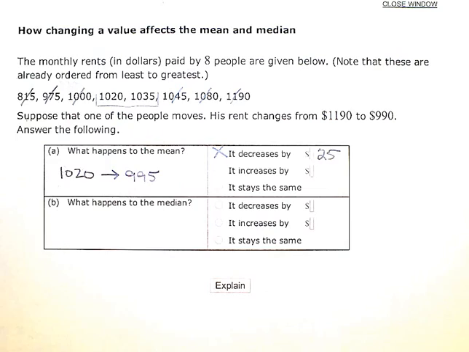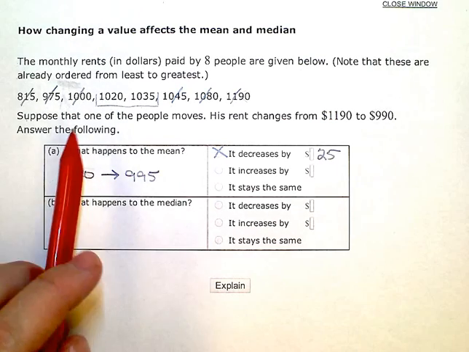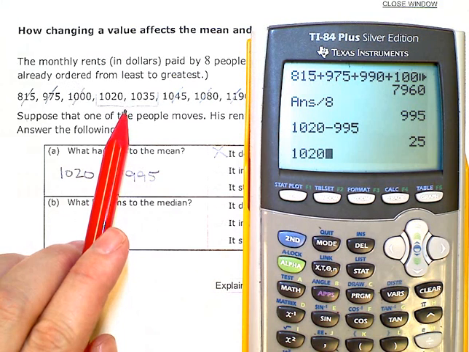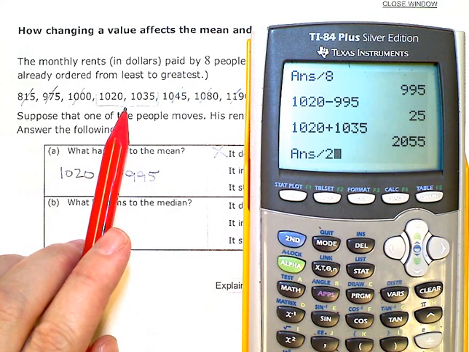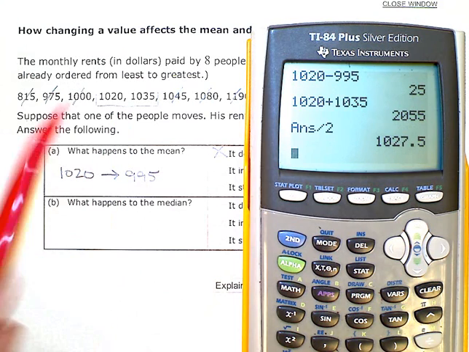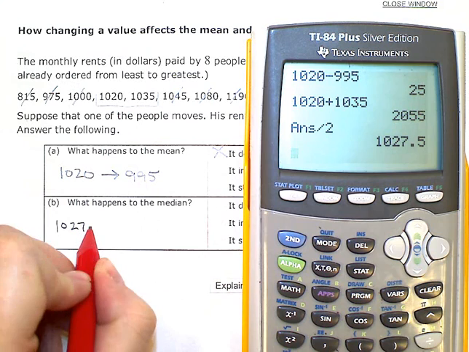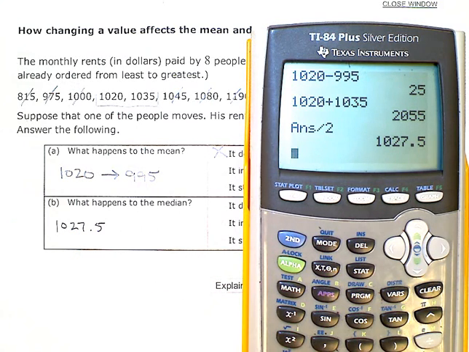So to find the median, I need to average those two. So I'm going to do 1,020 plus 1,035, and then divide that by 2. So 1,027.5 was the median of the original data set.